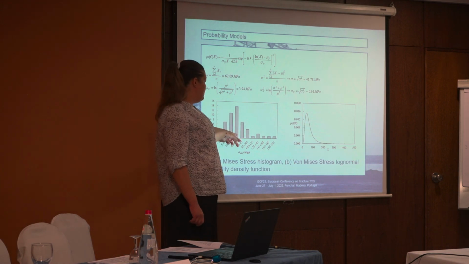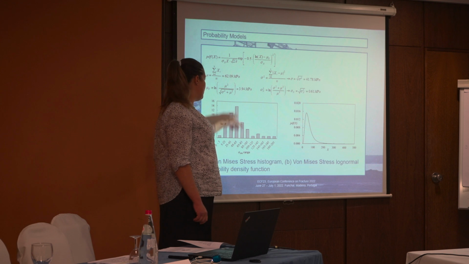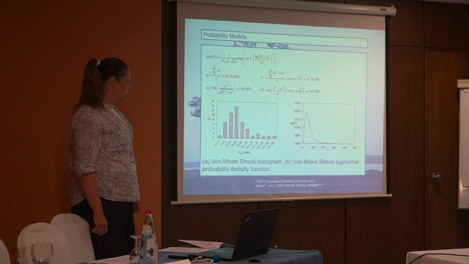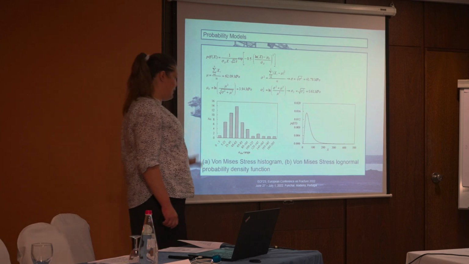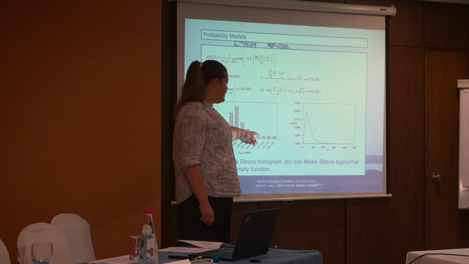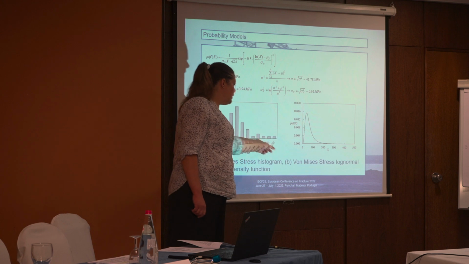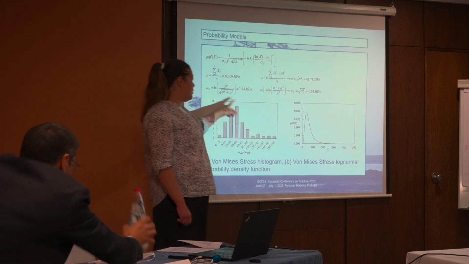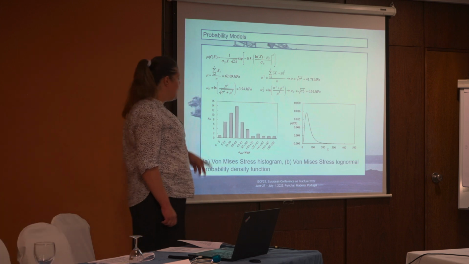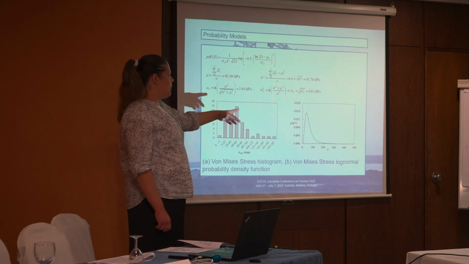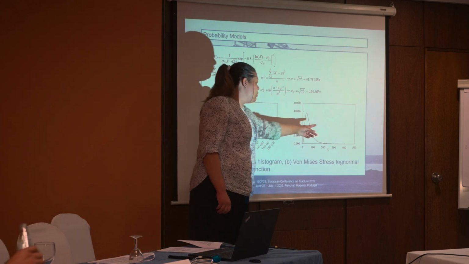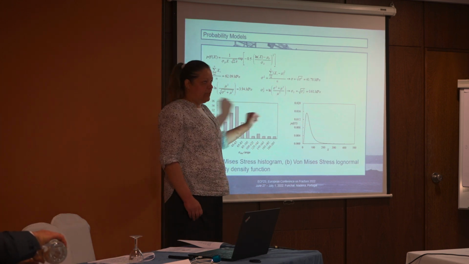As you can see, most of the elements, most spots, have a stress between 45 and 65 megapascals. And here you will see a long tail. This includes zones of stress concentrations. So this histogram is non-symmetric. So we formed a probability density function, and it's log-normal because of this shape of the histogram.